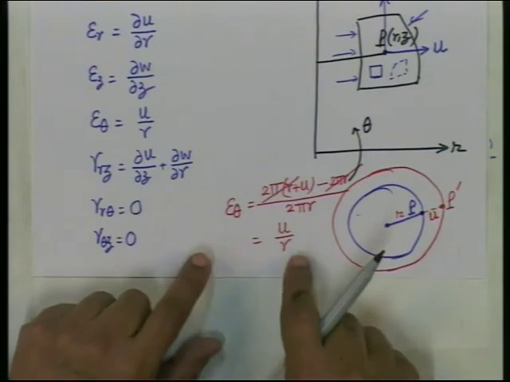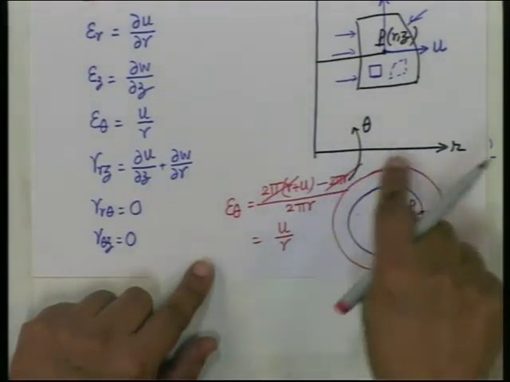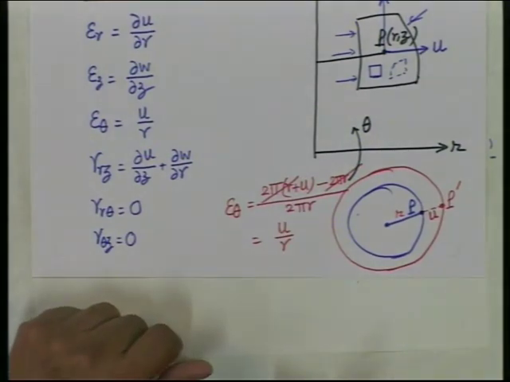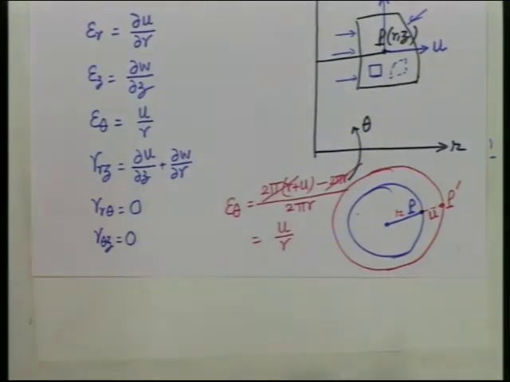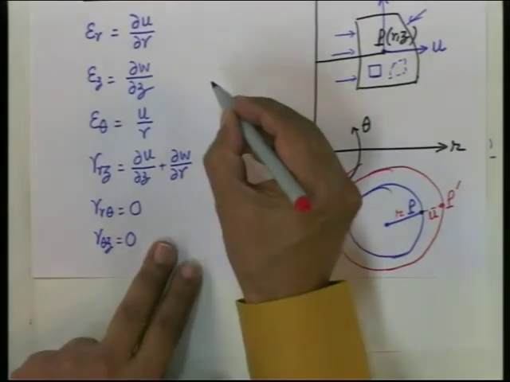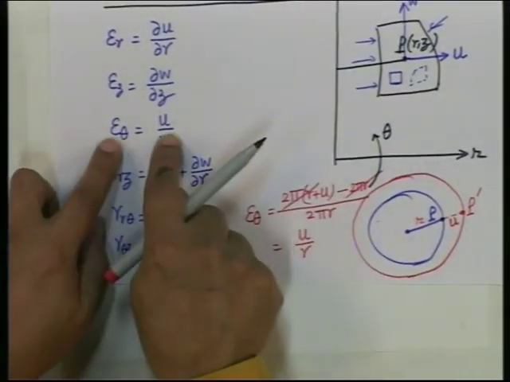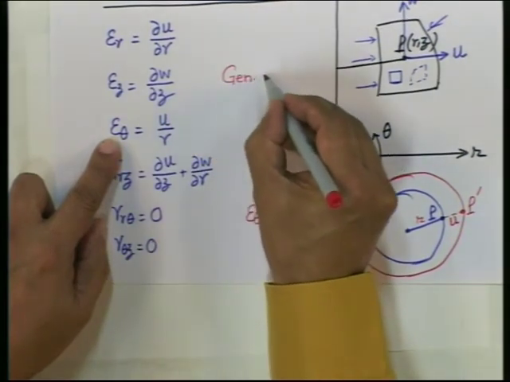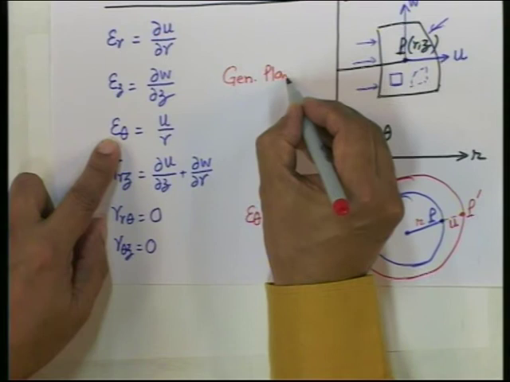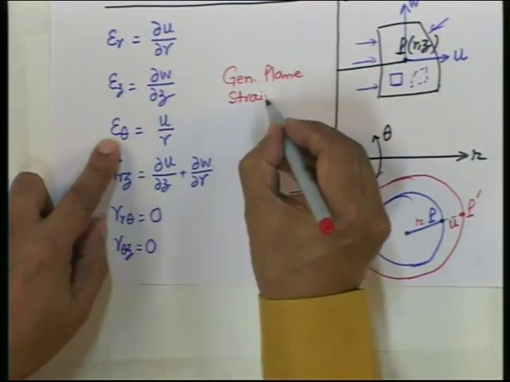But this is not out of the plane. Please note that this is occurring because of change in the radius; the particle is not moving out of the plane. Therefore, this is still a plane strain problem. Only thing is, because of the existence of this, we call this generalized plane strain.